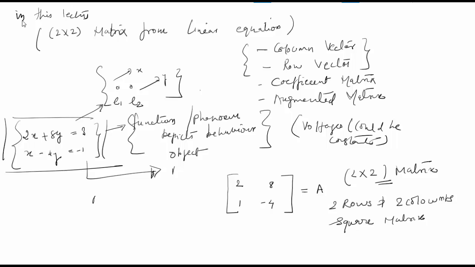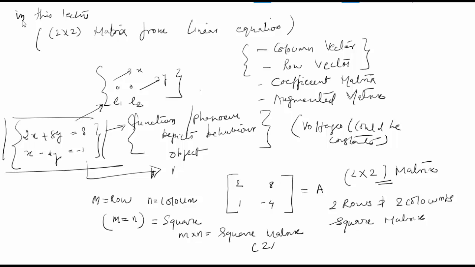If I give m notation for rows and n notation for columns, when m is equal to n, such a matrix forms a square matrix. That is, m cross n with m equal to n is a square matrix. In this case, this is a 2 cross 2 matrix, which is a square matrix.